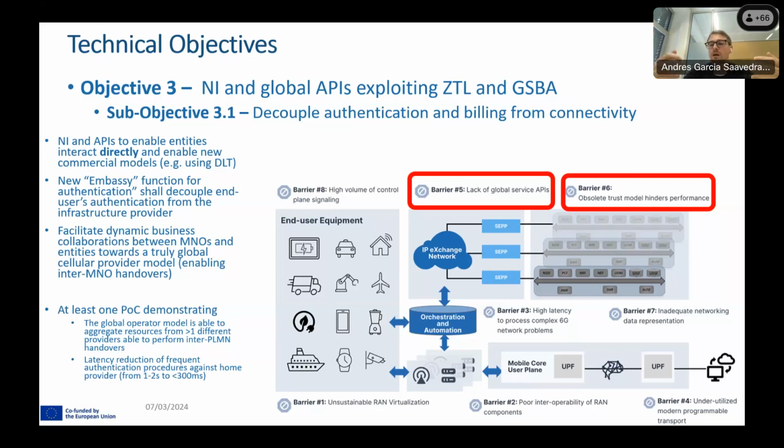So there is an intrinsic lack of trust between vendors and operators, and also a need for a global service API, so you can create the concept of a global operator, right? That reduces the overhead when you have to roam between countries, and this is specifically relevant for IoT.